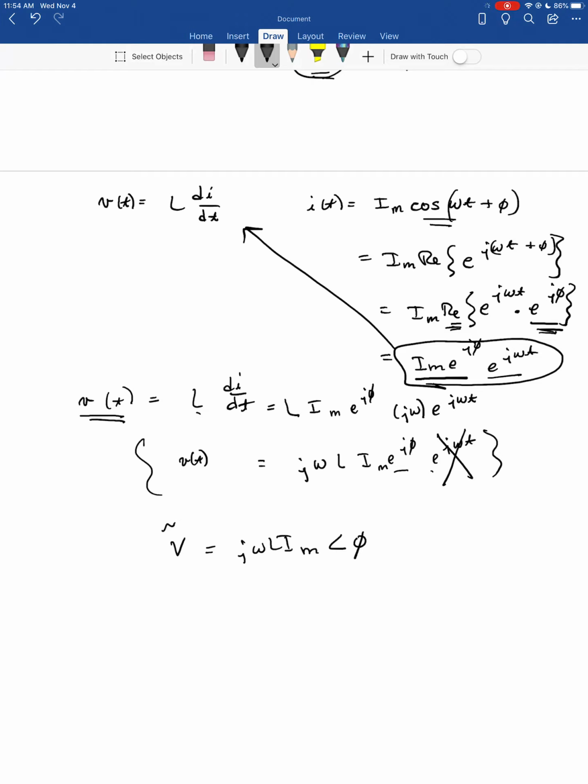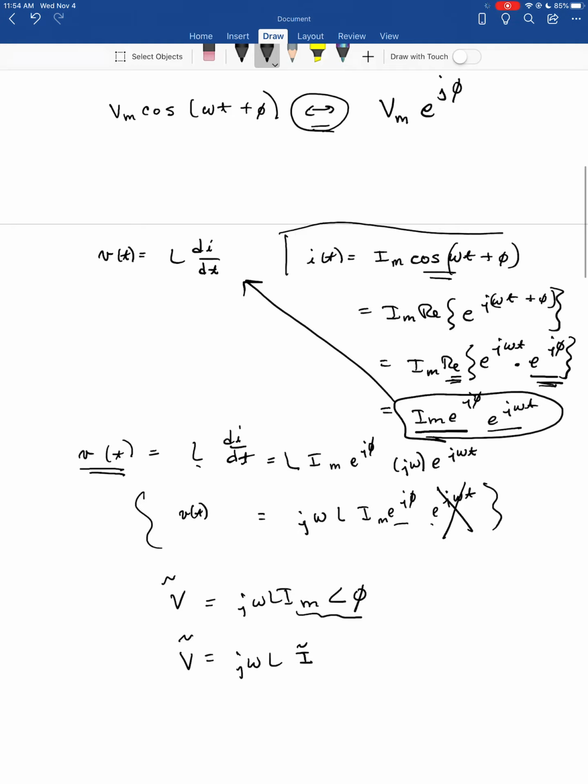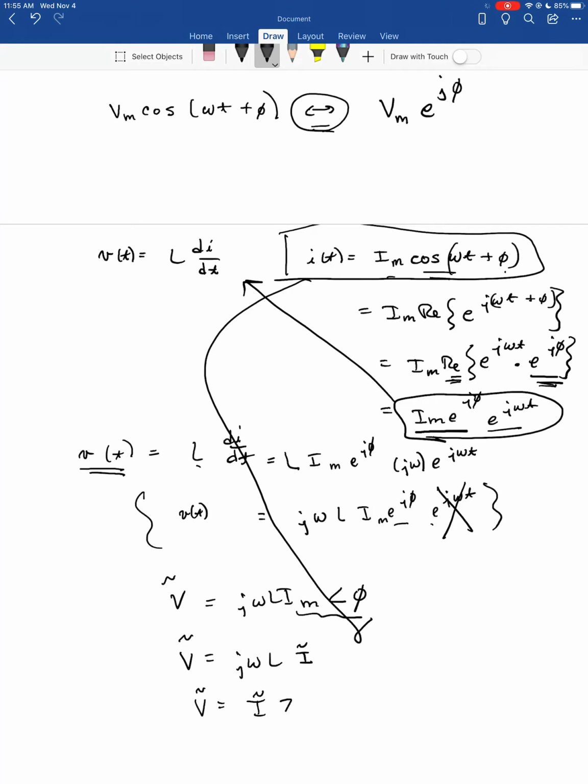Remember, when we go to phasors, we drop out the real notation, we drop out the e to the j omega t part. So v the phasor is j omega L, and notice right here, this is basically what our current was. If we were to have taken our current and written it as a phasor, it would be Im angle phi, which is what we've got right here. So that is what we have when we do a phasor transform.